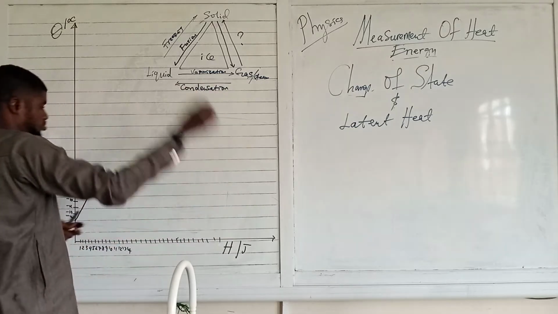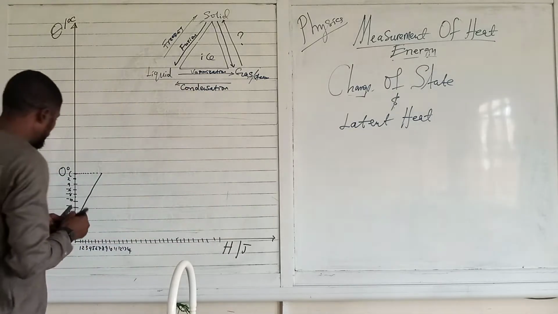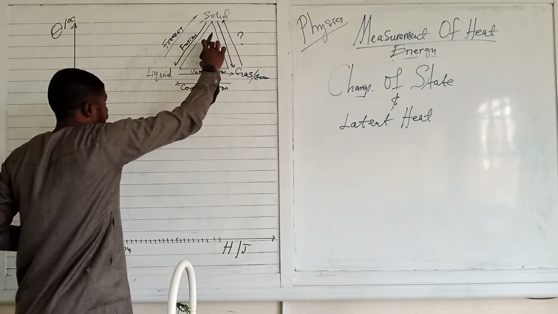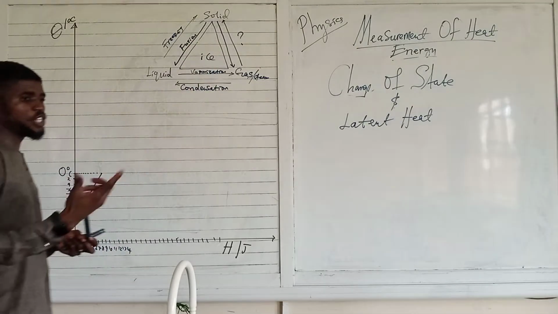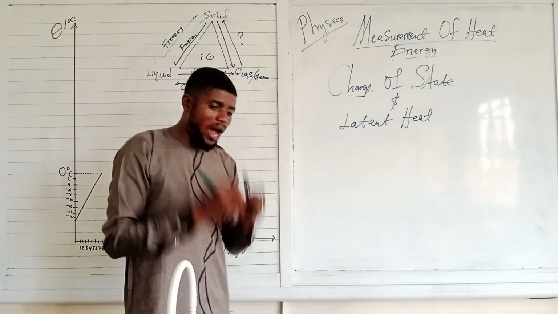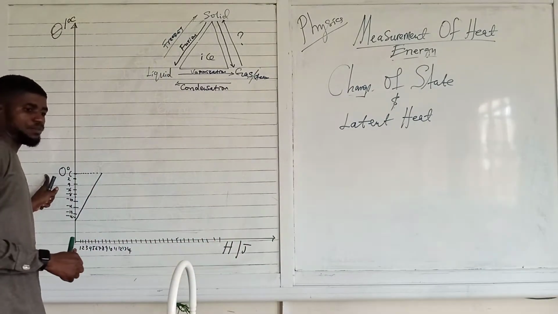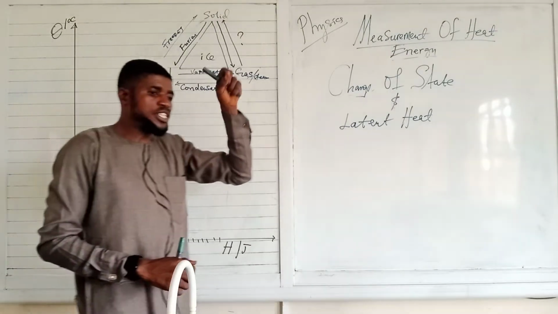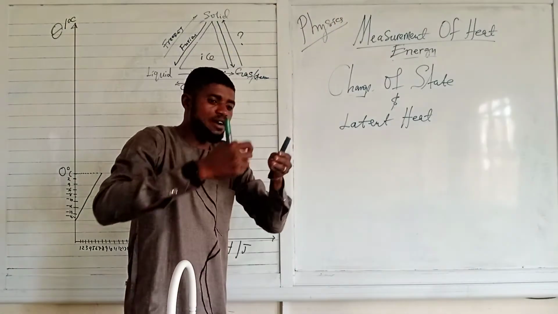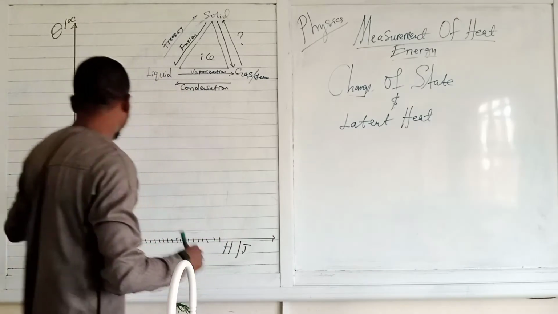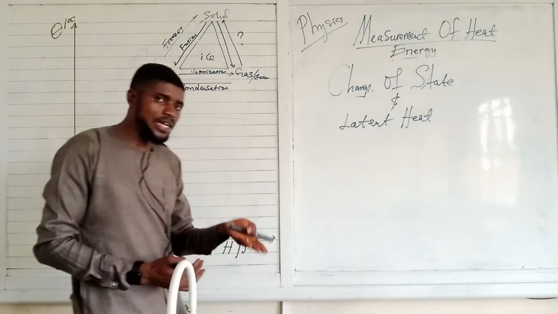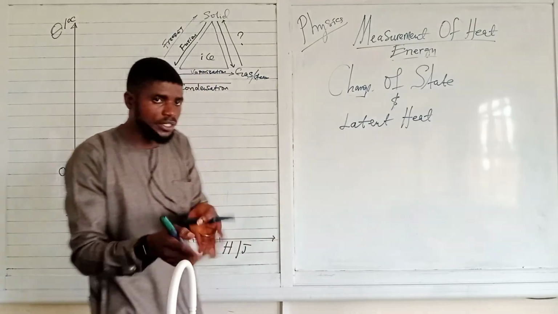Now, this solid ice, it will interest you to know that water freezes at 0 degrees. And at that same 0 degrees, we also have liquid water. So at 0 degrees, you have a mixture of ice and liquid.